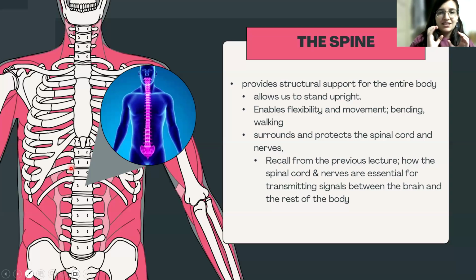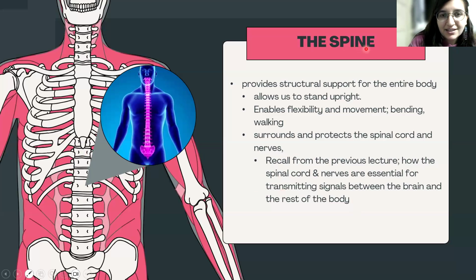But the spine is one of those sensitive parts of the body. You see, as you age, some people aren't able to stand straight. So it's very important to take care of your spine because inside the spine is your spinal cord, which is a very big part of your nervous system. And that's it.